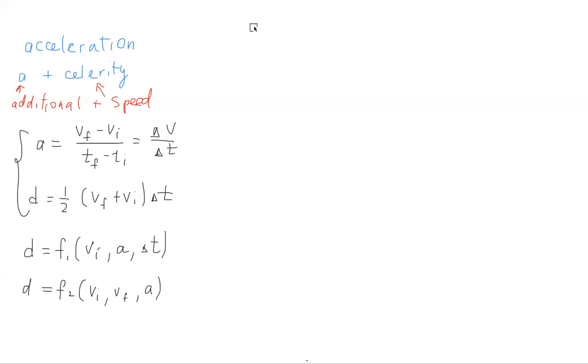Okay. So for the first one, we need to eliminate v final. So from the equation here, I want to eliminate v final. So let me rewrite this up here. Acceleration equals v final minus v initial over delta t, right?